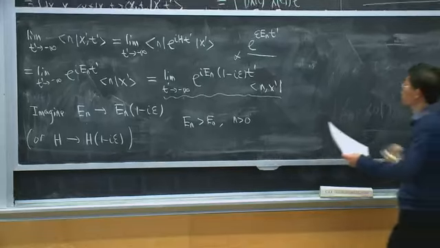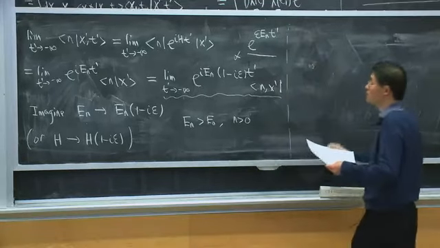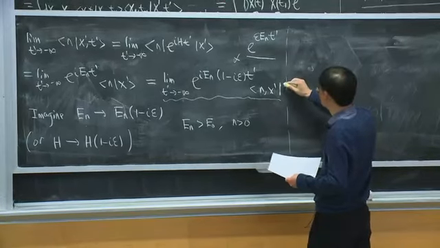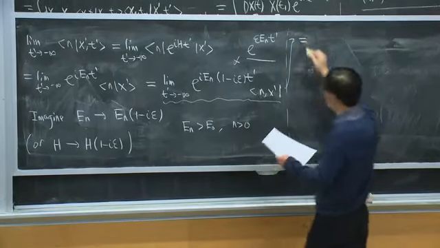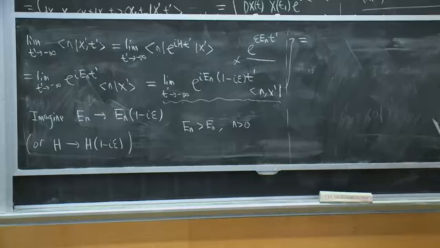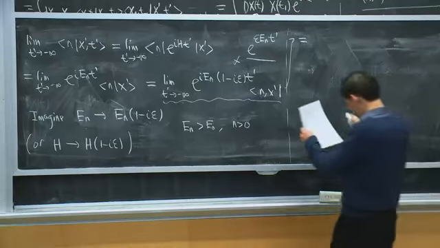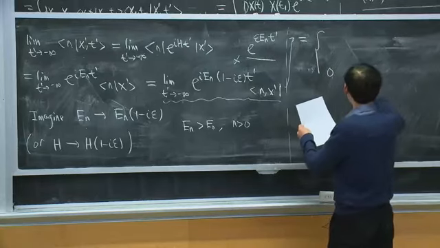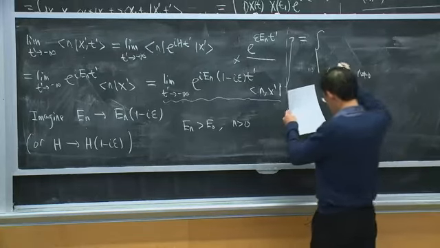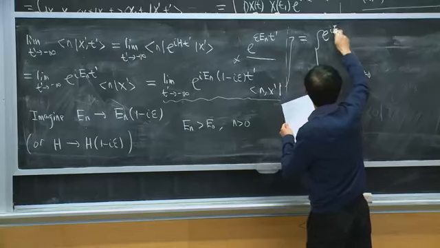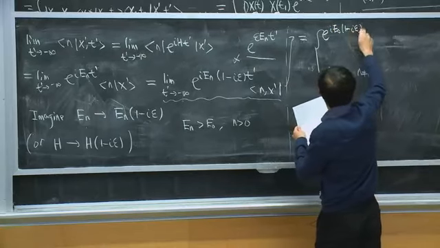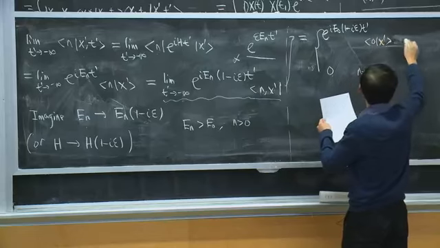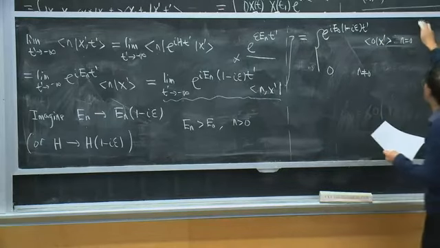So this means we get essentially 0 for n not equal to 0, and for n equal to 0 we get the exponential iE0(1 - iε)t'.